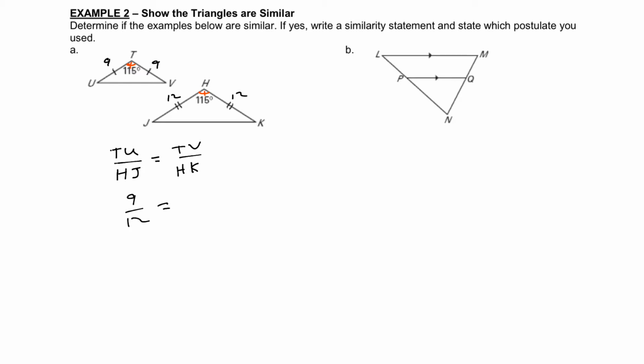And then the same thing, the length of segment TV would be 9, divided by the length of its corresponding side, HK, which would be 12. And I think you can see that we do have the same ratio, that these two pairs of corresponding sides are proportional. So yes, the triangles are similar.